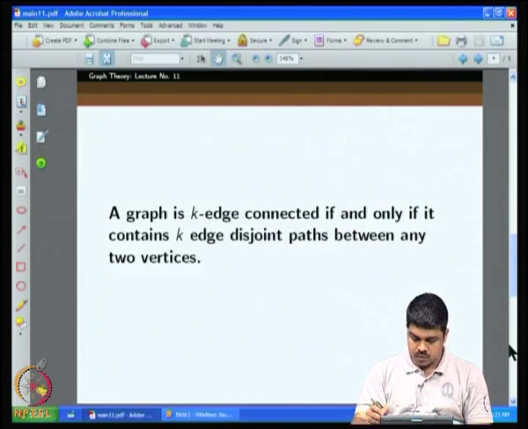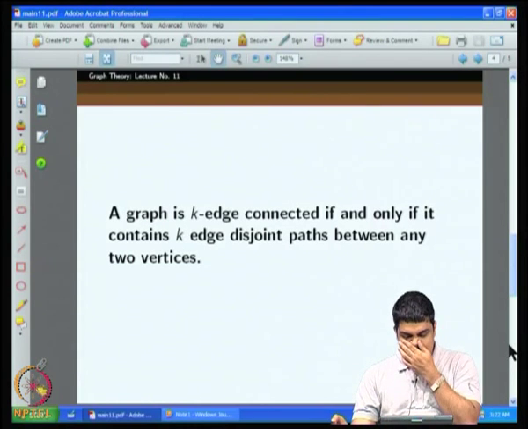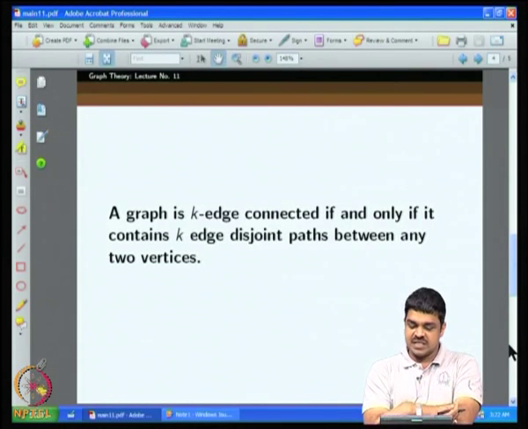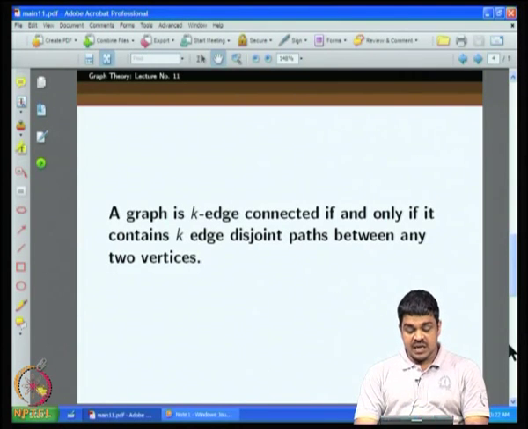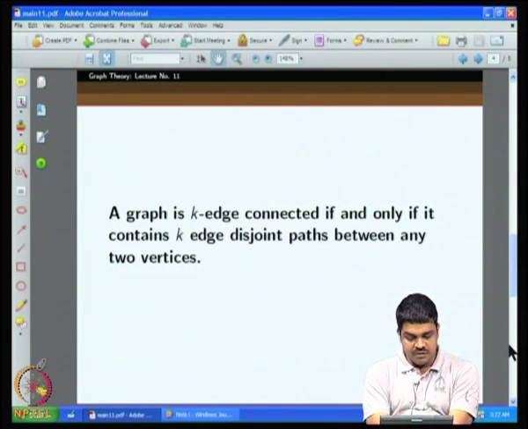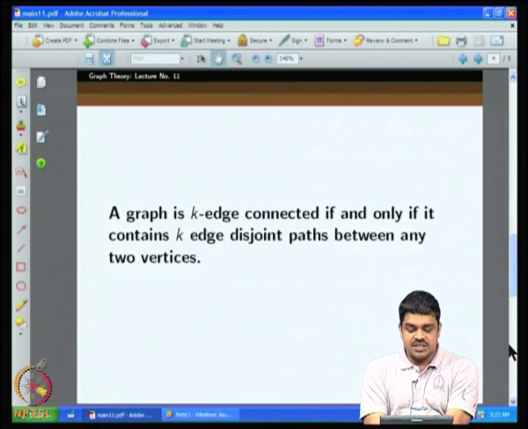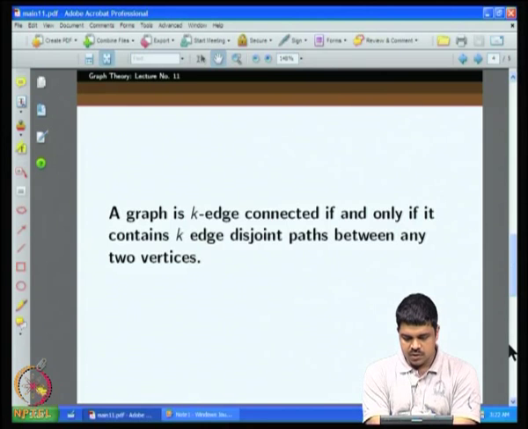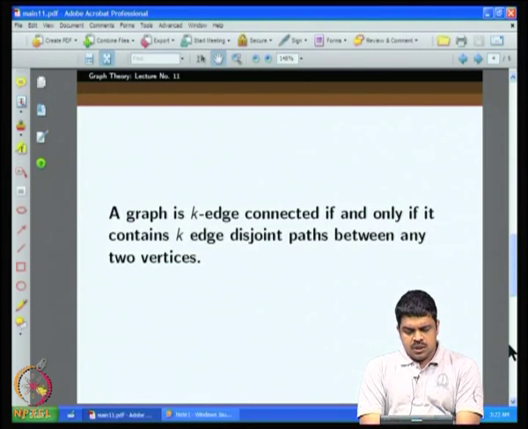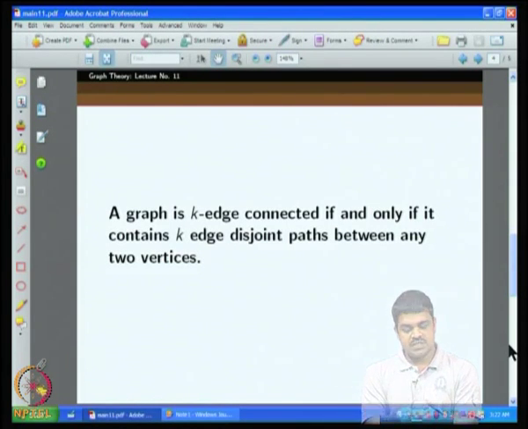Now, a graph is k edge connected if and only if it contains k edge disjoint paths between any two vertices. So, what do I mean by k edge connected? We already discussed it.